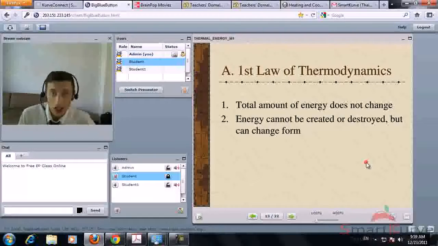And the watch, or any electrical appliance you use, like your cell phone or an MP3 player or a Nintendo DS, they're all going to convert chemical energy from the battery into electrical energy.